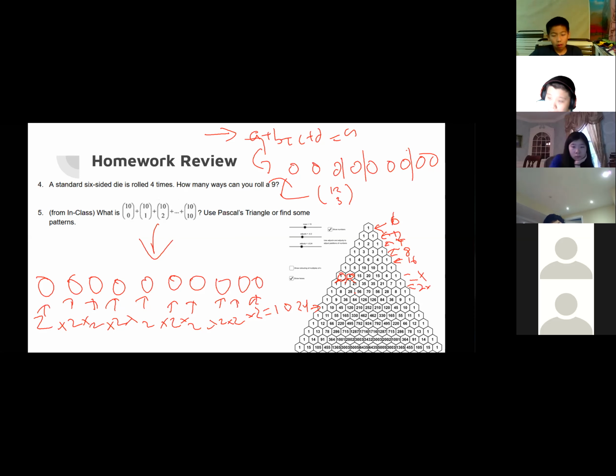Okay. So instead of setting them to be stars and bars, what if we just set them as generic spots?